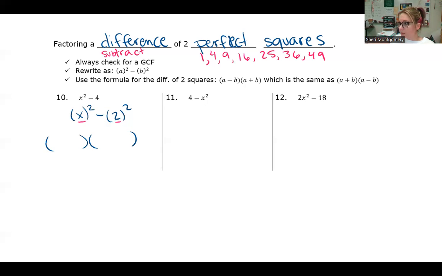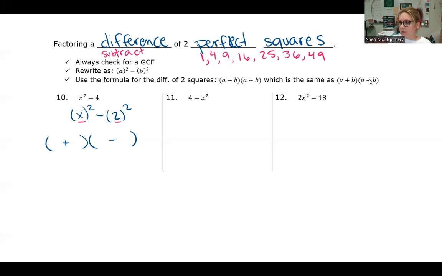It doesn't really matter which one, because the formula could have minus and then plus, or it could have plus and then minus. One of the parentheses needs to be plus, and one needs to be minus. It doesn't matter where you put them. You'll see me sometimes put them in opposite order, only because I want you to know it doesn't matter.